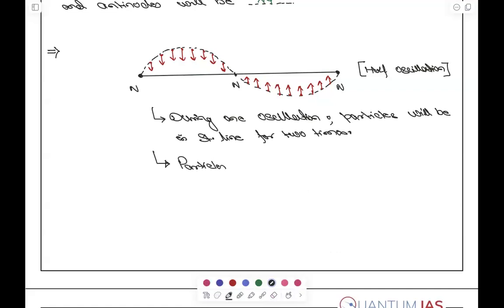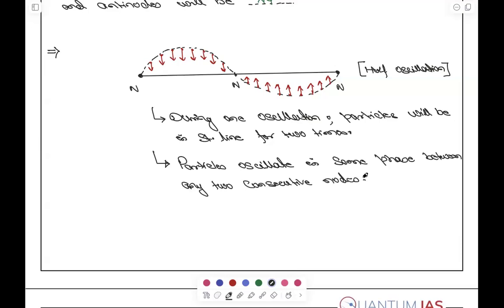Particles oscillate in the same phase between any two consecutive nodes.